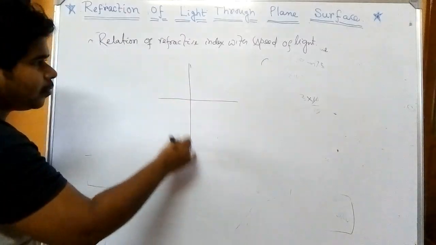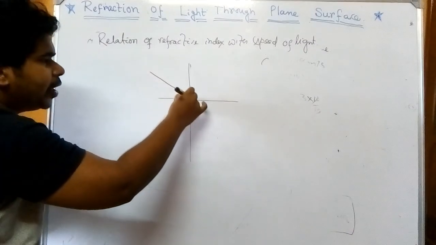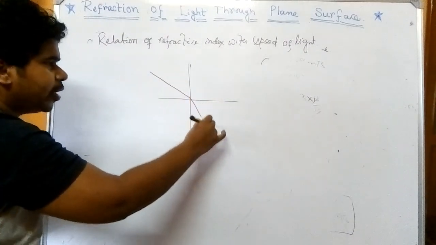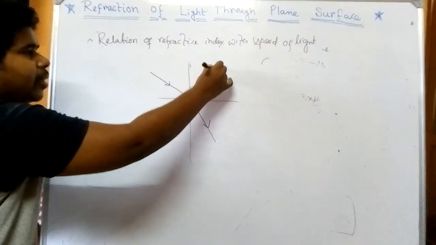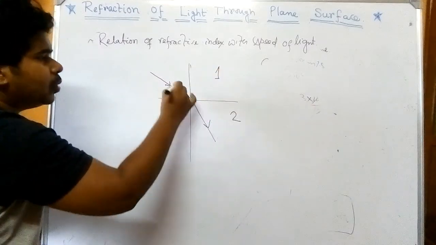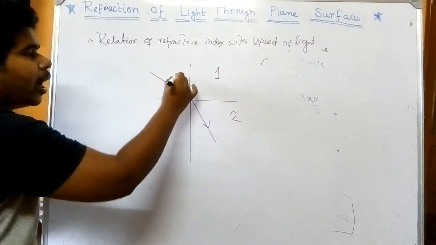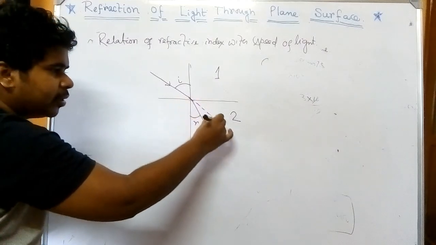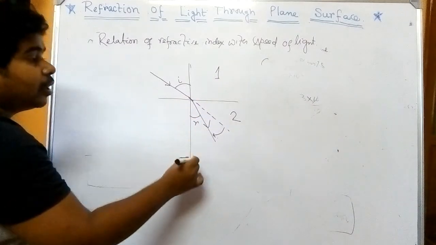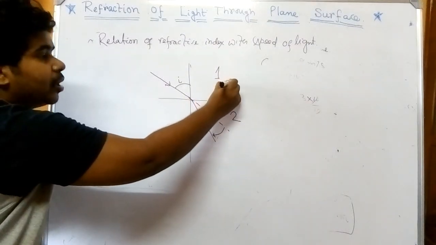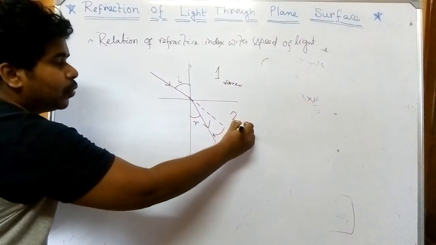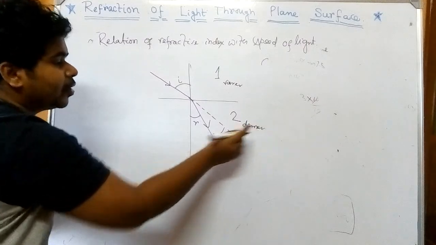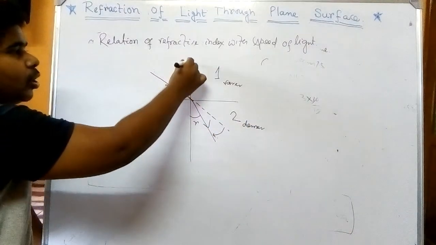Simple thing, just like the light ray is coming from medium 1 and goes to medium 2. It is medium 1 and it is medium 2. It is coming with an angle i and going at an angle r. That is the path in general. But definitely medium 1 is rarer and medium 2 is denser, so it deviates towards the normal.